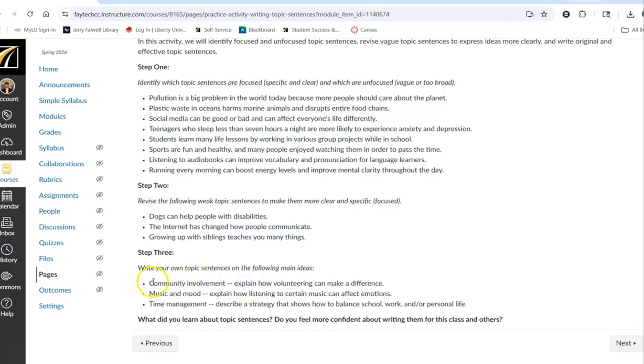Now, for the third part, it says write your own topic sentences on the following main ideas. Community involvement. Explain how volunteering can make a difference. So you would actually want to write a specific topic sentence about how volunteering can make a difference in the community. Well, how could you go about that?